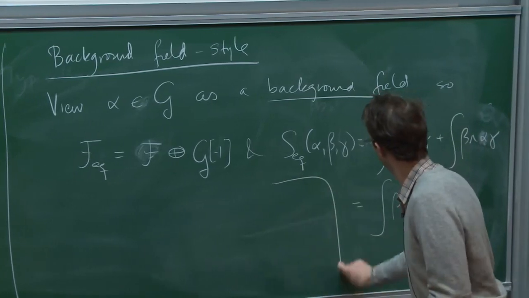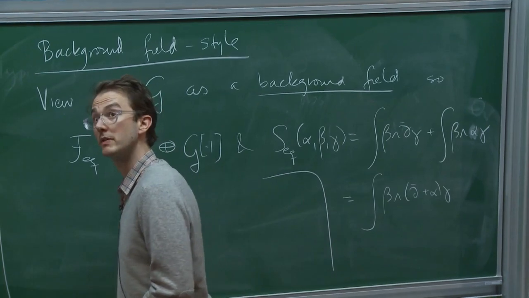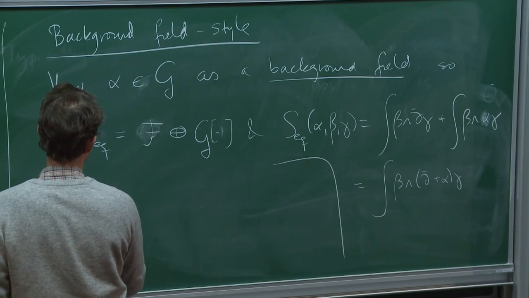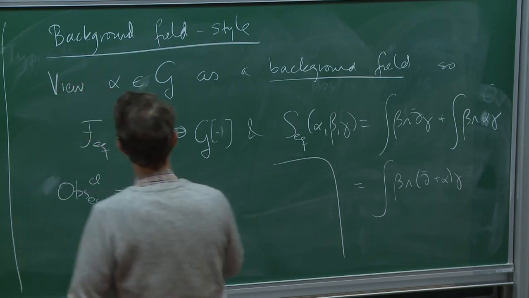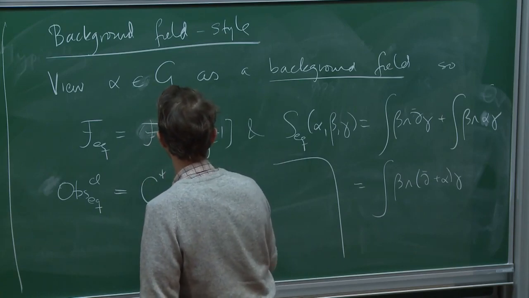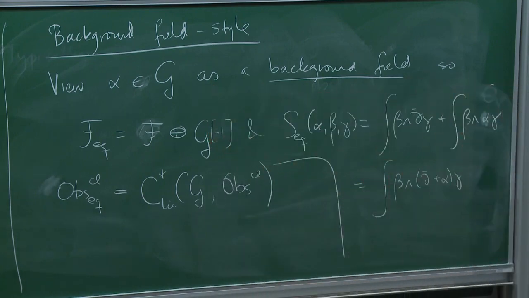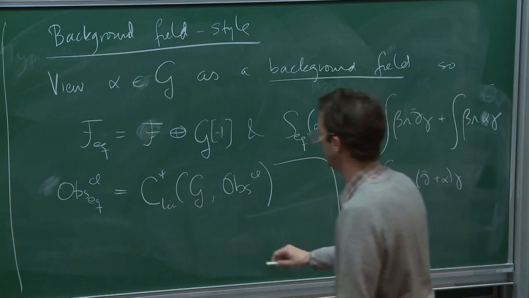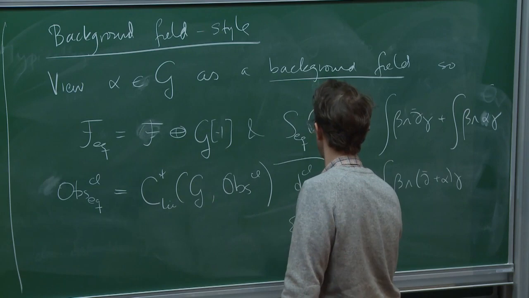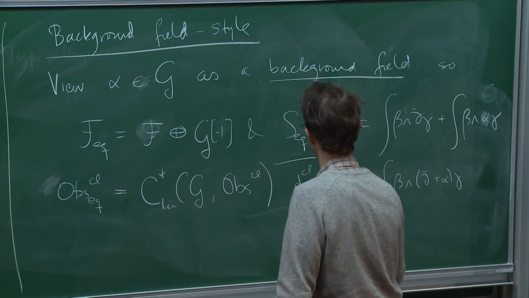So now, one way to understand what I'm doing here is as a baby version of causal duality. Okay, so then the equivariant observables will be functions on this thing, and I claim that it looks like the Lie algebra cochains of G with coefficients in the original classical observables. Okay. And the equivariant version of the differential is just bracketing with this equivariant action.